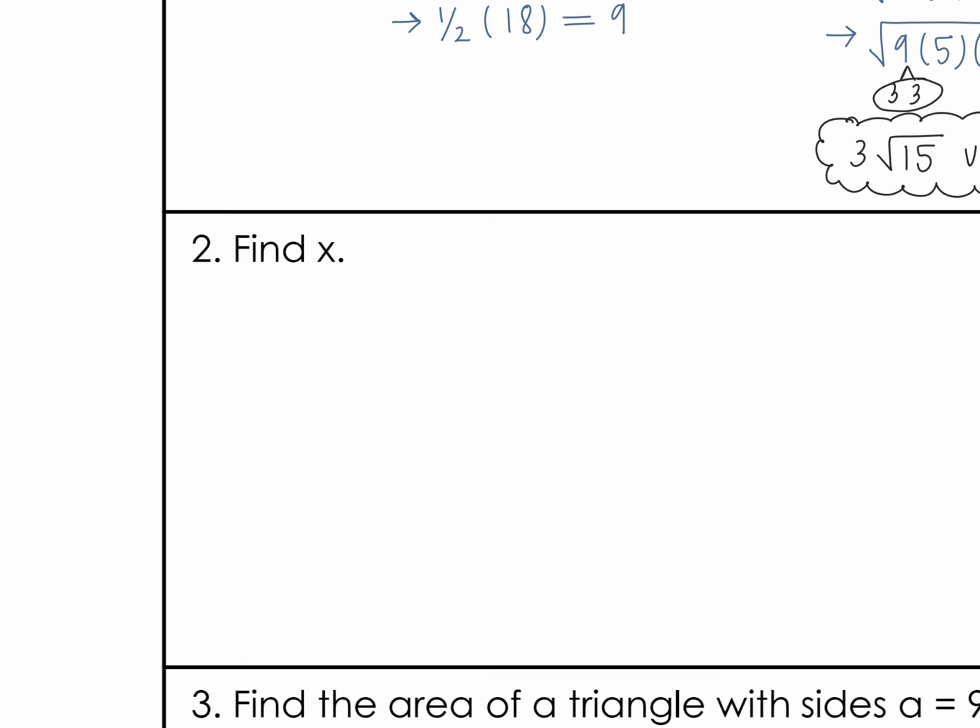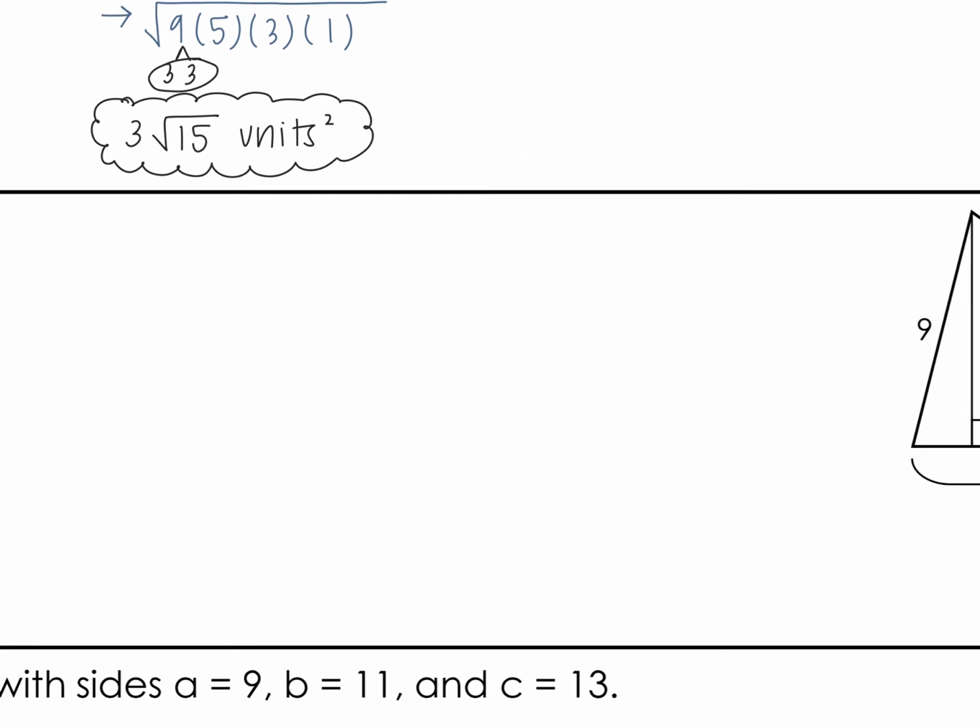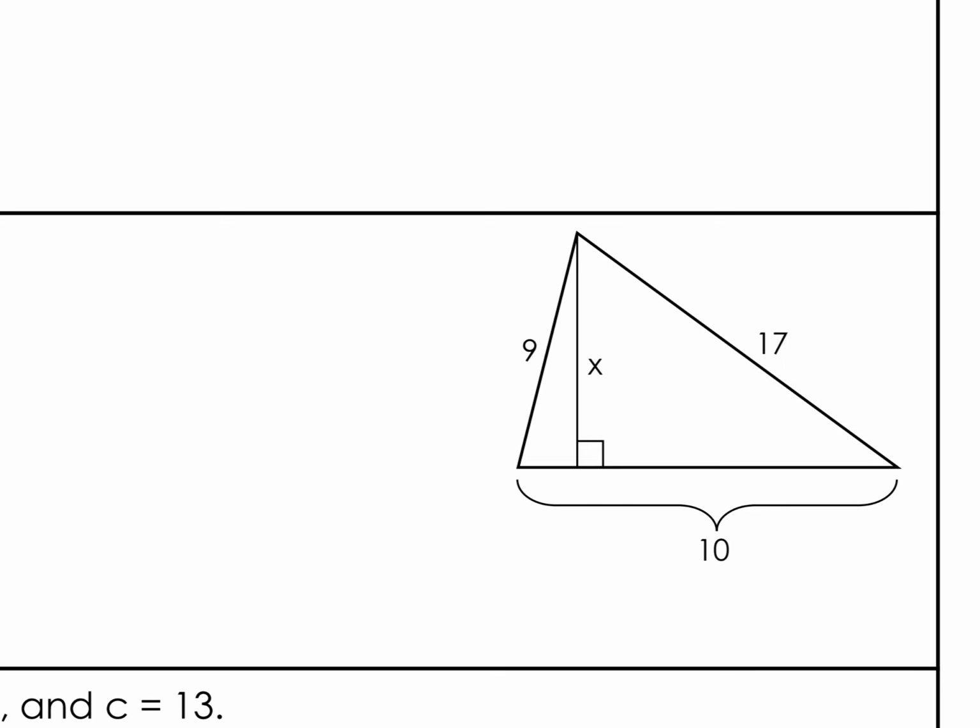All right, so in number 2 here, we are asked to find x. And so if I look over here, my x that I'm asked to find is just going to be this height that is corresponding with the 10 as its base.